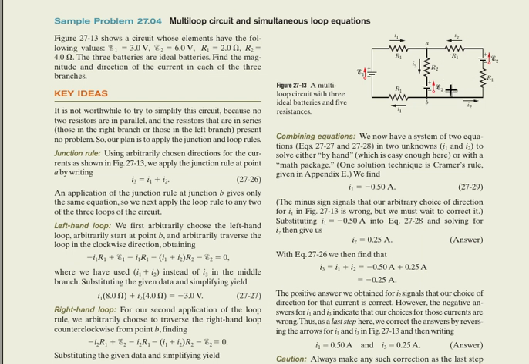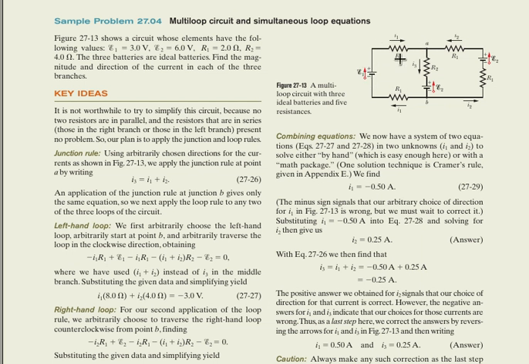So this is I1 times R1, with a minus, because following the current is a drop of potential. Then it gets here, and this is plus the power source E1.